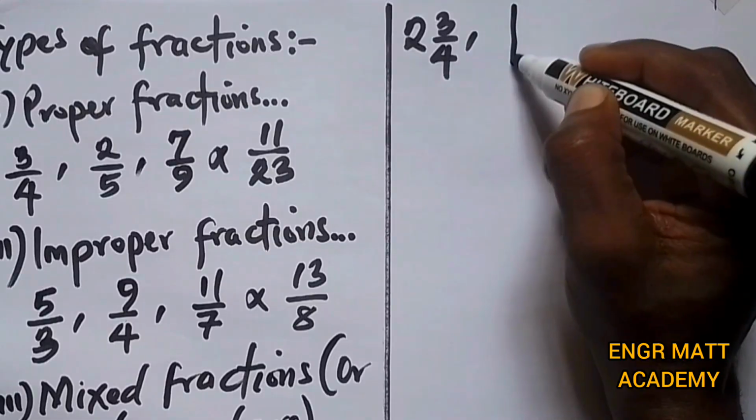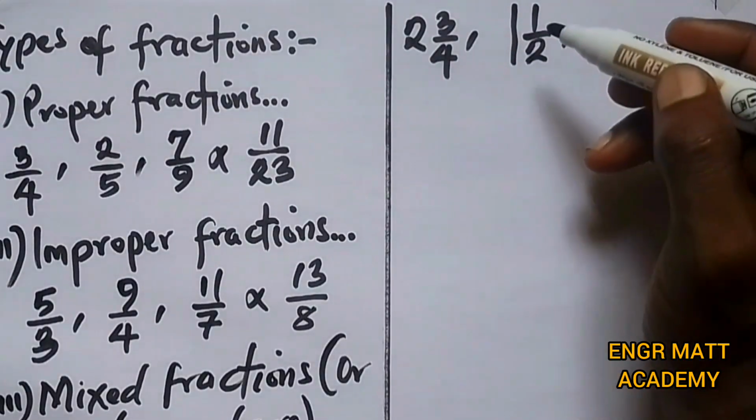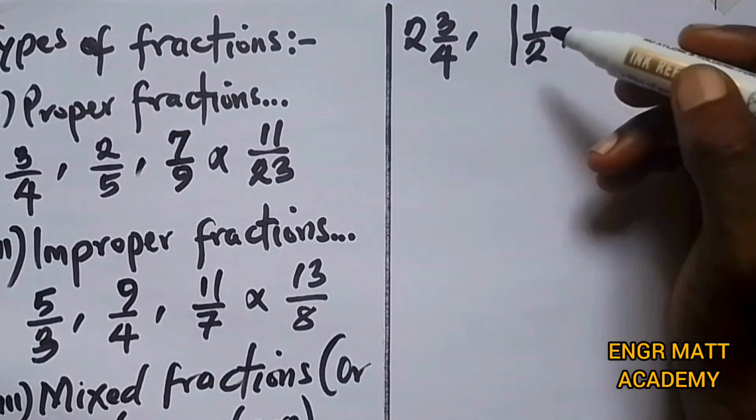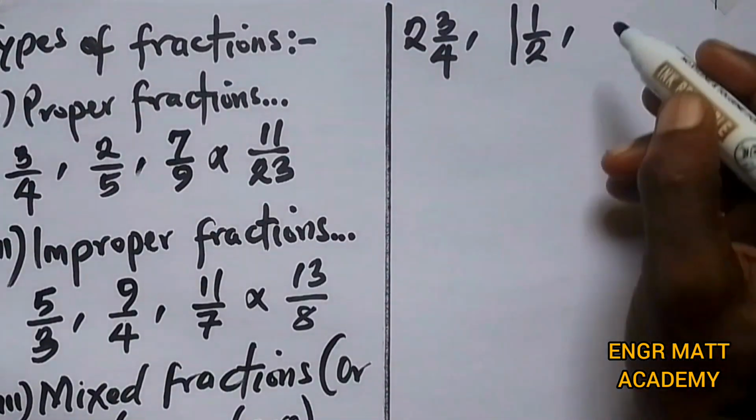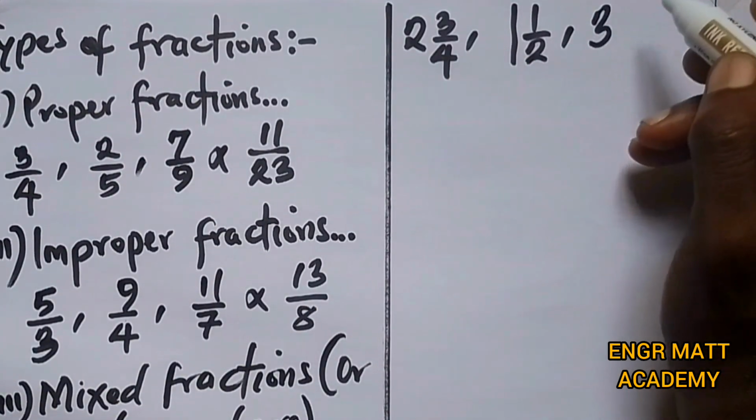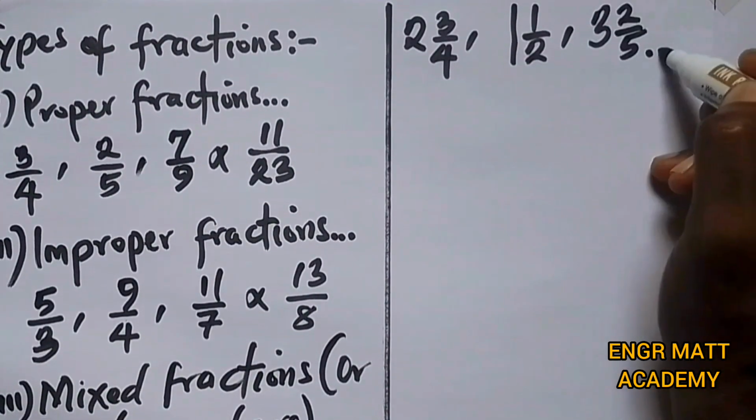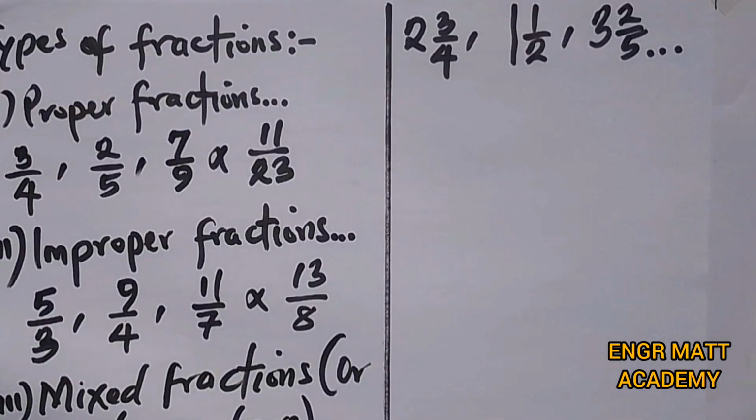We also have 1 and 1 over 2, a whole number 1 and a fraction 1 over 2. We also have 3 and 2 over 5, another mixed fraction. In another video, we are going to look at conversion from mixed fractions to improper fractions and vice versa.